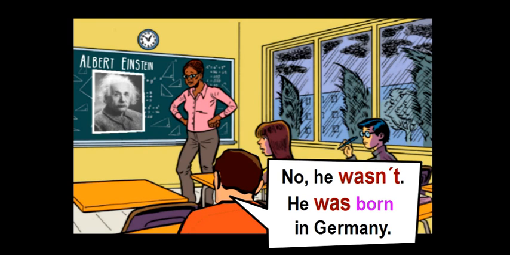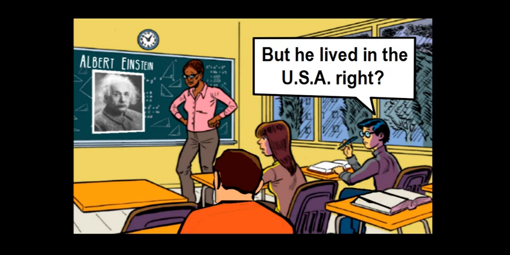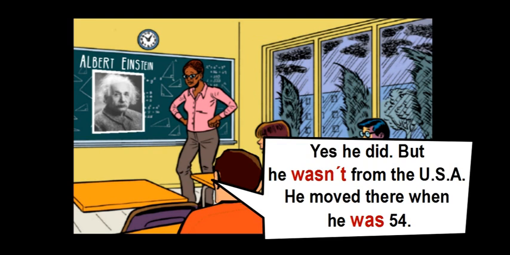No, he wasn't. He was born in Germany. Right again. He was born in 1879. But he lived in the United States, right? Yes, he did, but he wasn't from the United States. He moved there when he was 54.